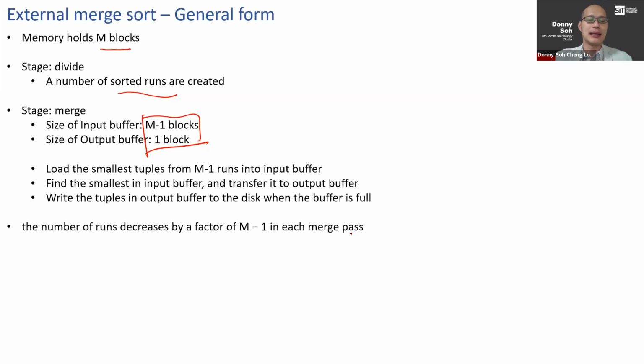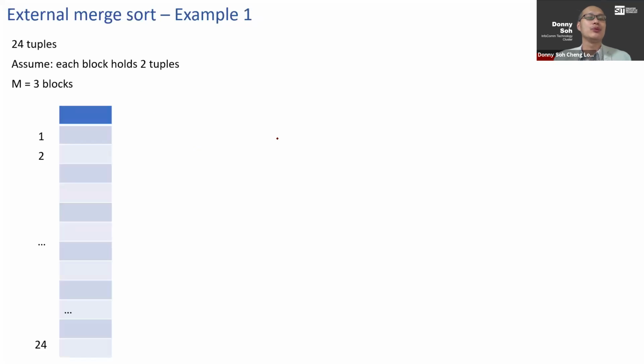Okay, so this is what I went through earlier. We went through a few examples. In this example, we have 3 blocks in memory, 2 tuples per block.